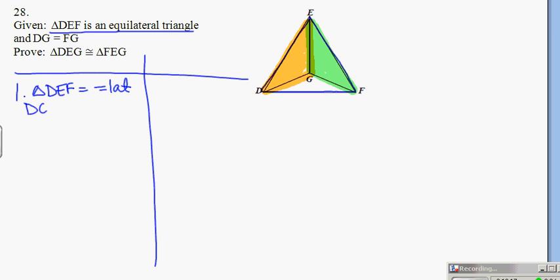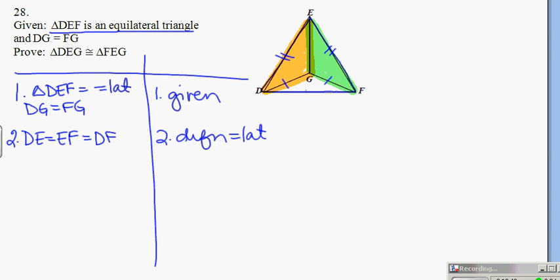So, given triangle DEF is equilateral, DG equals FG. Now, it being equilateral gives me three equal sides. So DE equals EF, which equals DF by definition of equilateral.